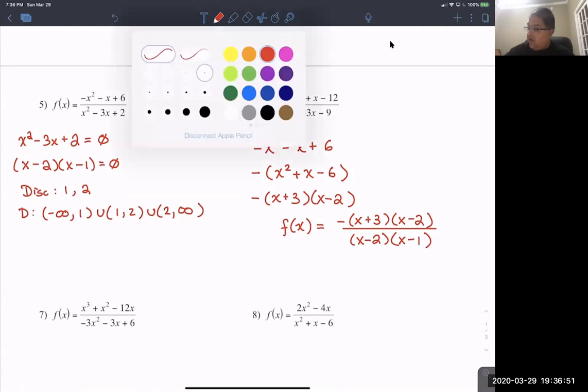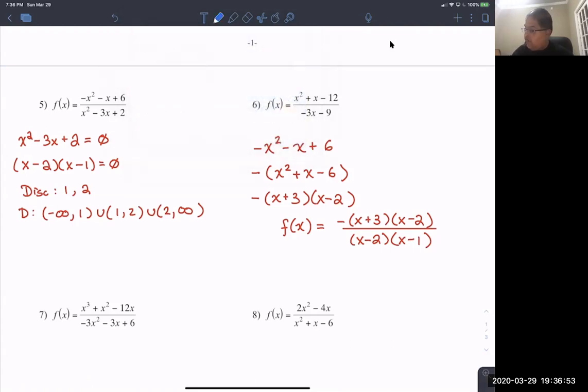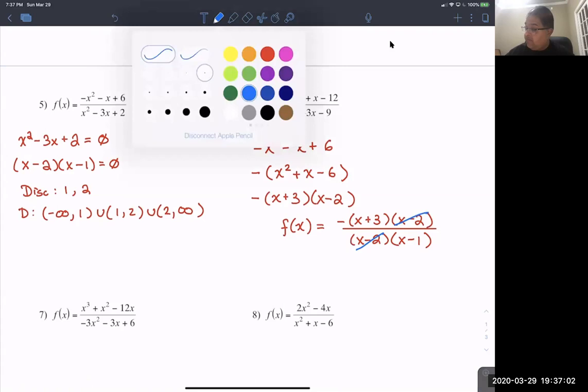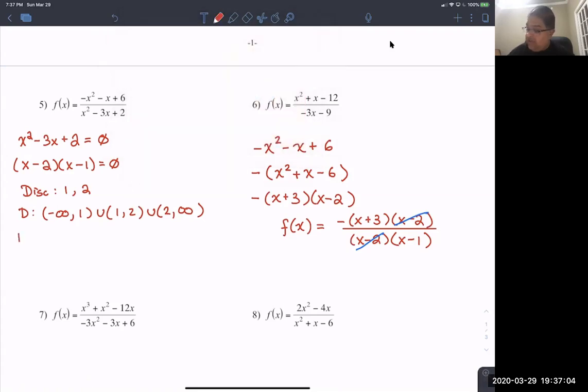Now, are any of these binomials removable or cancelable? Yes. x minus 2, they both factor out. Well, what does that mean if I can factor out x minus 2? That means my hole is at 2. And since my hole is at 2, the other discontinuity, which is 1, must be my vertical asymptote.